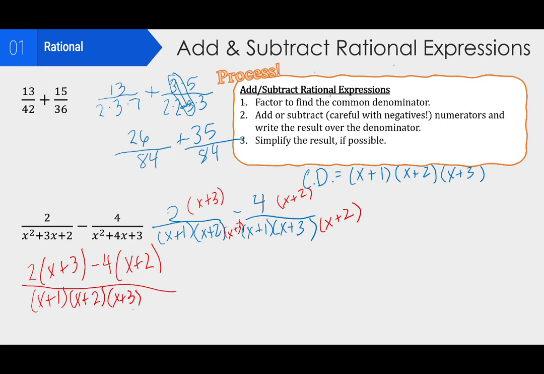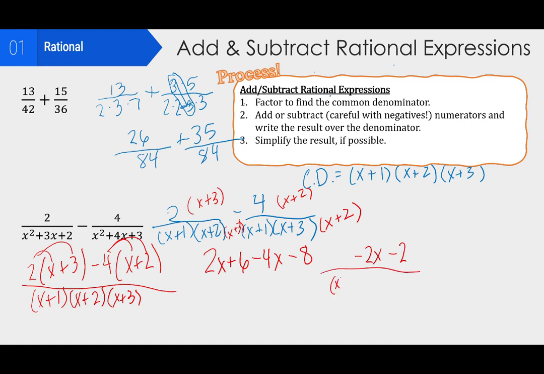I'm going to distribute that 2 and the minus 4, and we get 2x plus 6 minus 4x minus 8. I distributed, and now I'm still going to simplify the top. So 2x minus 4x, combine like terms, I get negative 2x. 6 minus 8 is negative 2.